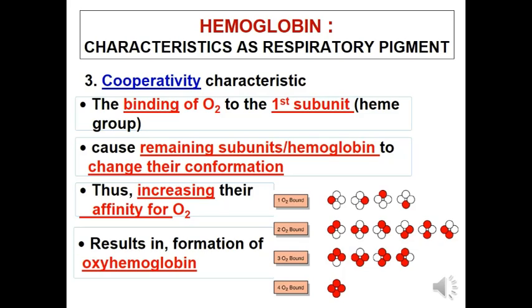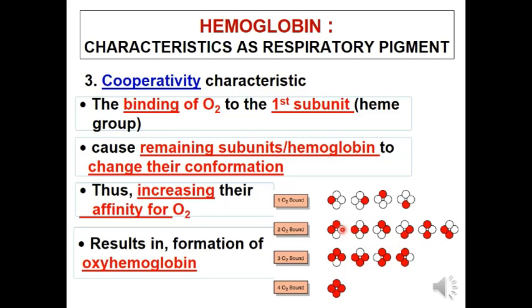Another characteristic of hemoglobin as a respiratory pigment is the cooperativity characteristic. Cooperativity means the binding of oxygen to the first subunit or heme group. Here the binding of one oxygen to the first subunit of the heme group will cause the remaining subunits of hemoglobin to change their conformation, and this increases their affinity for oxygen, resulting in the formation of oxyhemoglobin.